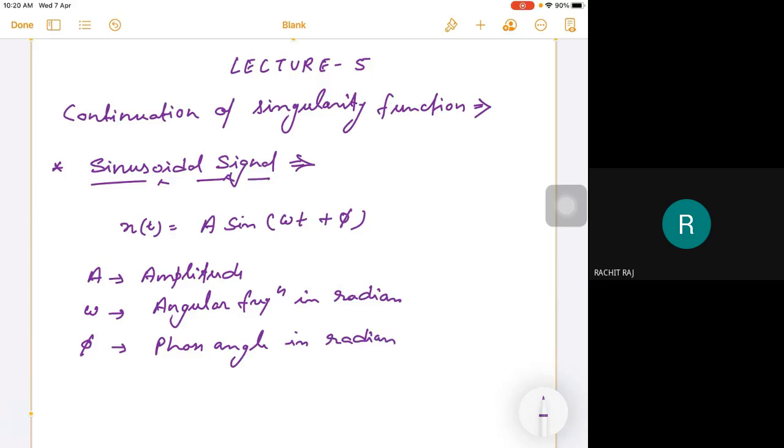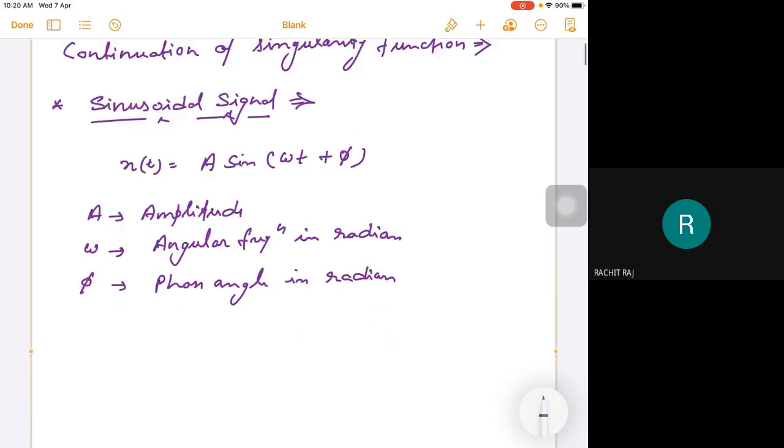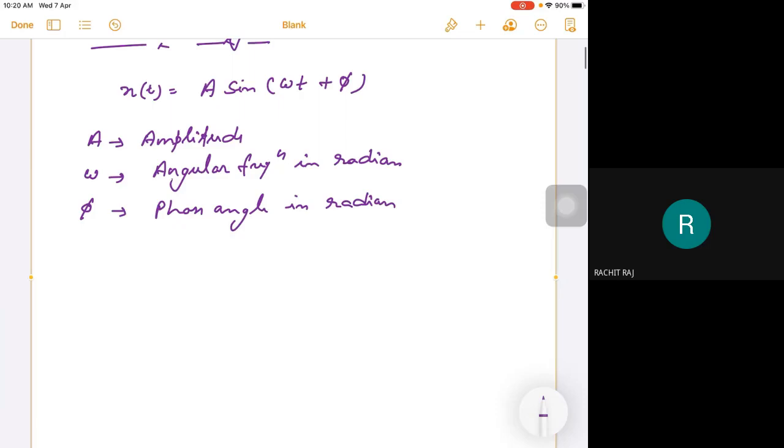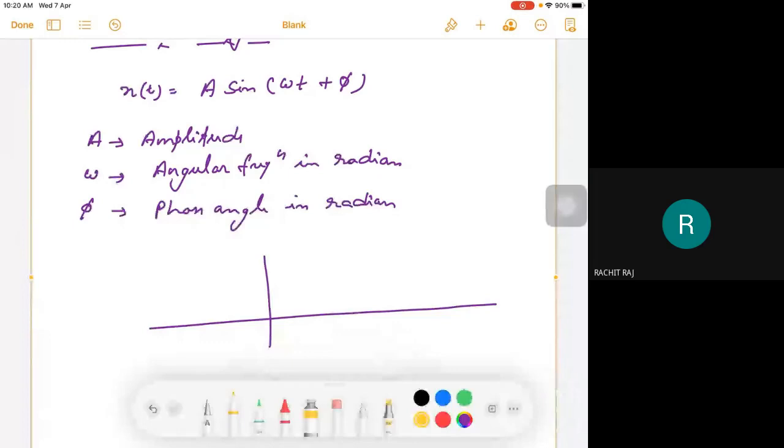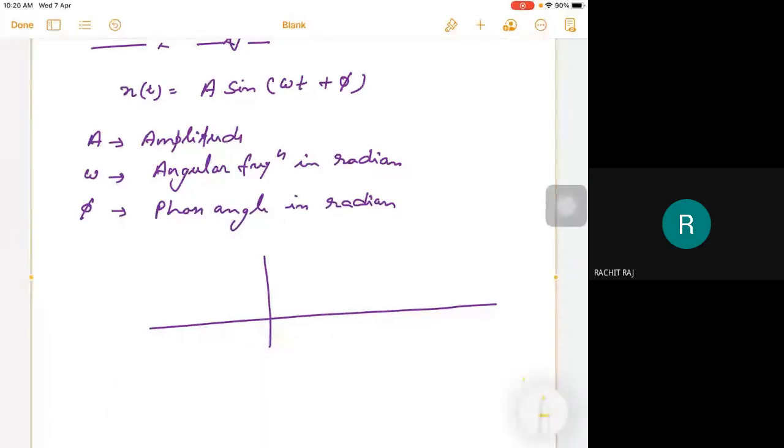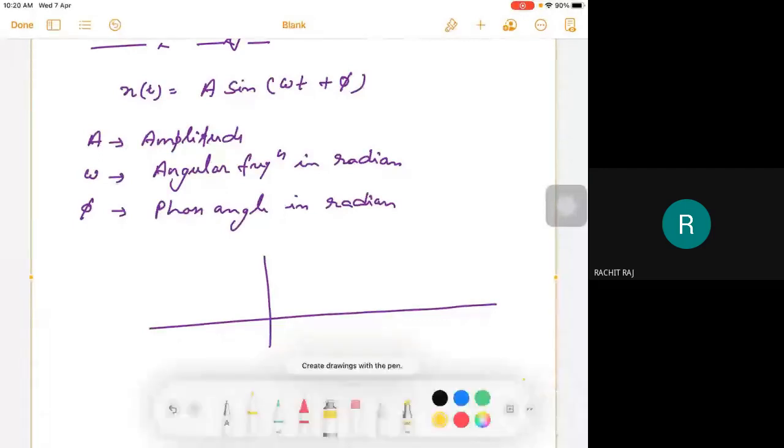Okay, so if I want to plot this, you can plot in this manner. I'm just considering any phi value.